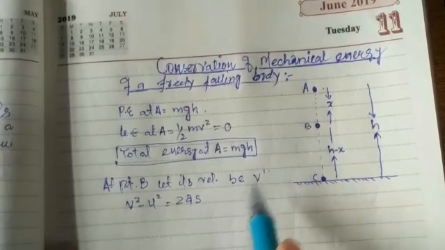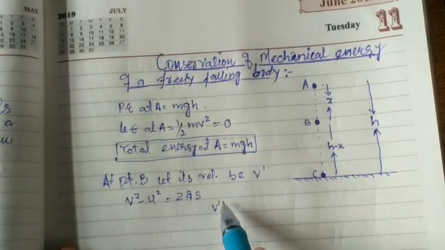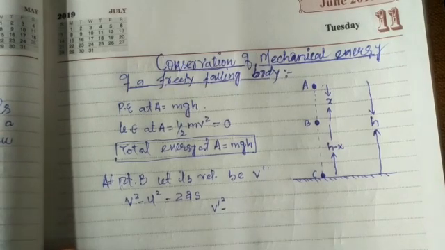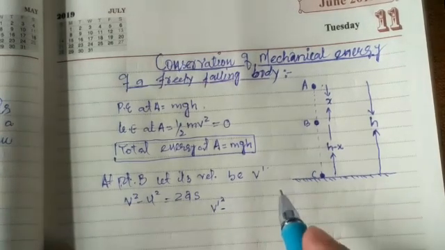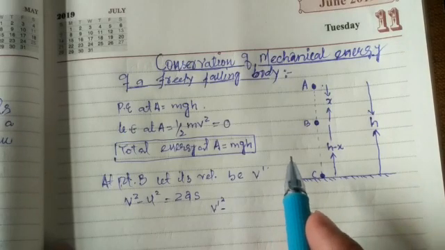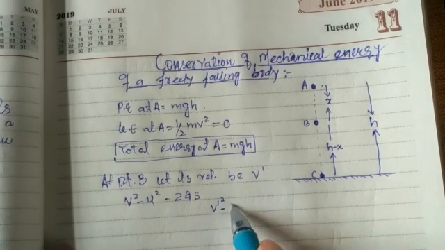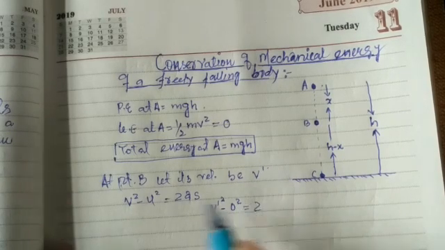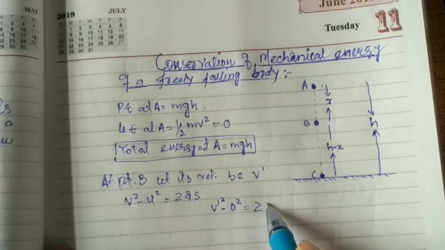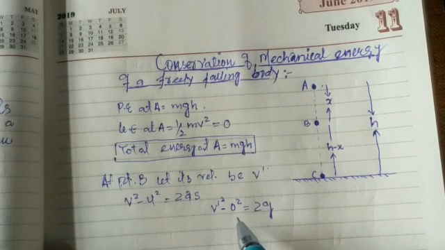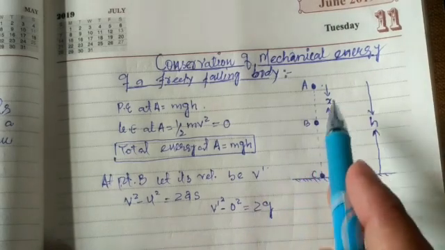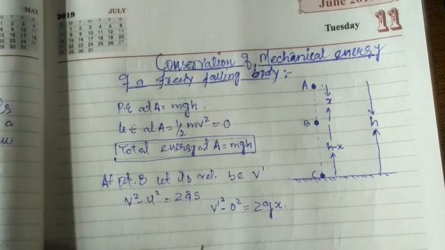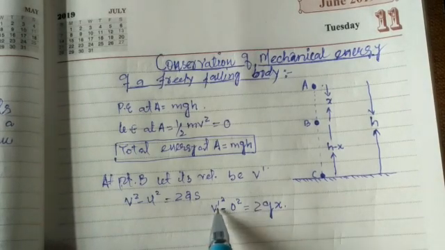So v is the final velocity, we use v dash squared, minus u, the initial velocity, that is simply 0, equals to, now instead of a we use g, and instead of s, the distance covered, it has covered a distance of x, so we use x here. So it is having velocity of this much.